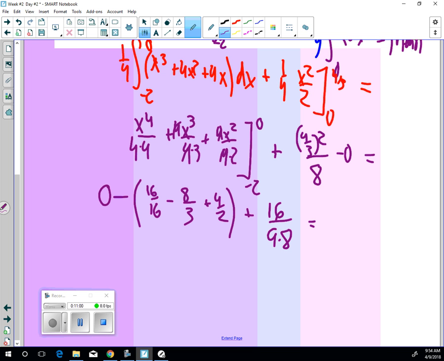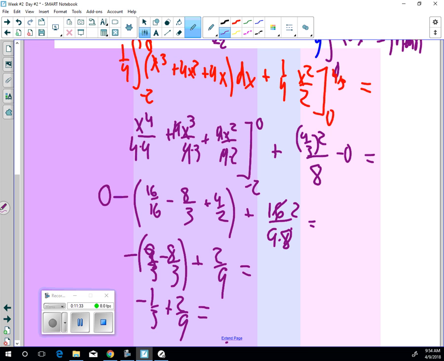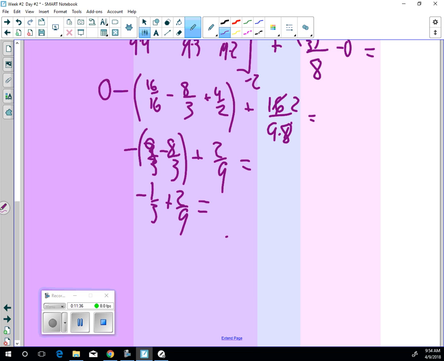So this is going to be 1, 2, 3 minus 8/3, opposite of that, plus 16 over 9 times 8, 2/9. And this is going to be 9/3 minus 8/3 is negative 1/3 plus 2/9, which is going to be negative 3/9 plus 2/9 is negative 1/9.